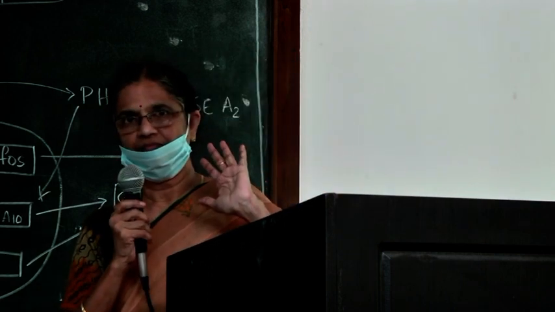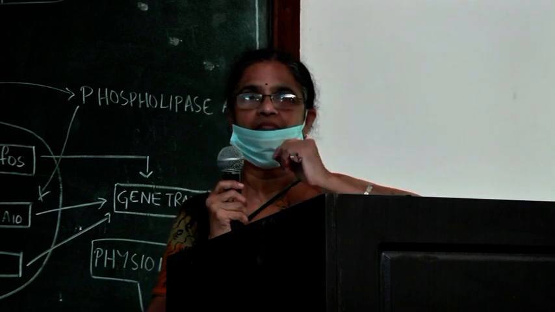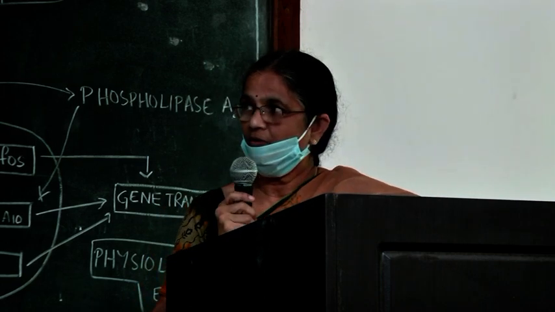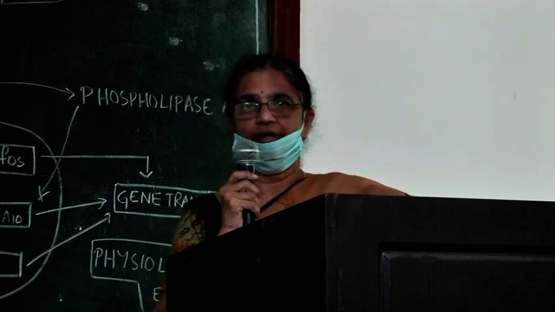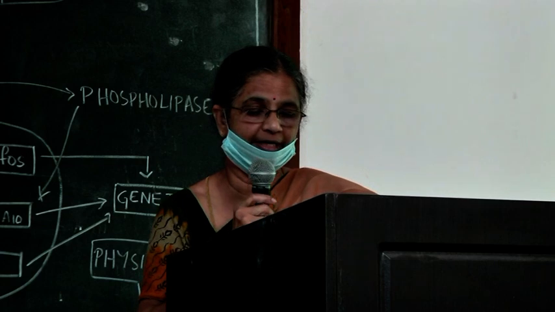And now, something to learn about the somatomedins here. The somatomedins are nothing but the insulin growth factors 1 and 2. As I said before, the insulin growth factor 1 is very helpful in the action of the growth hormone during the postnatal life, after the birth of the individual.